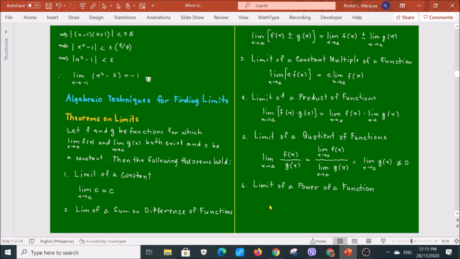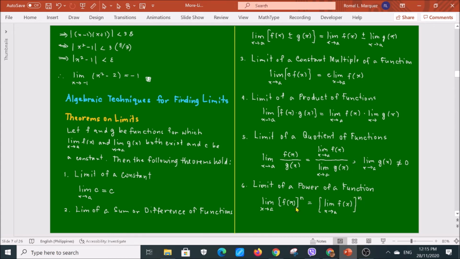Now, if I have, let's say, a power, limit as x approaches a of f of x, and this f of x is raised to, let's say, n, this is equal to the limit of f of x as x approaches a, raised to n.